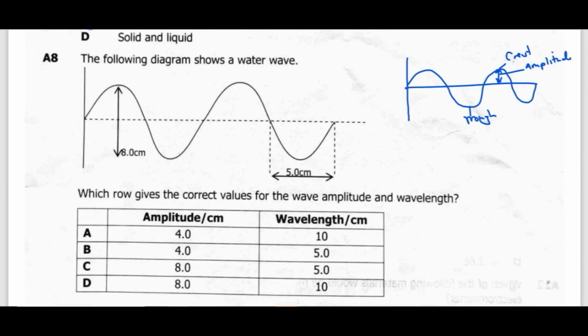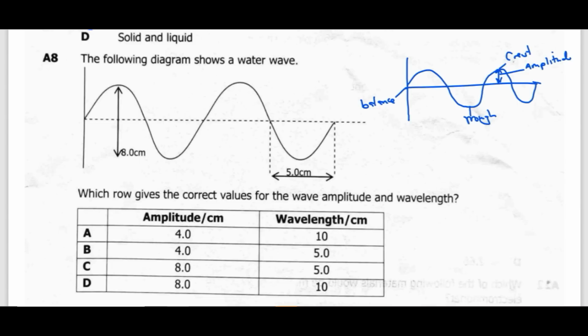And then what else do we have that we have to understand? This is the equilibrium, meaning that it is the balance. Now, according to the question, here we have this distance, which is 8.0 centimeters.